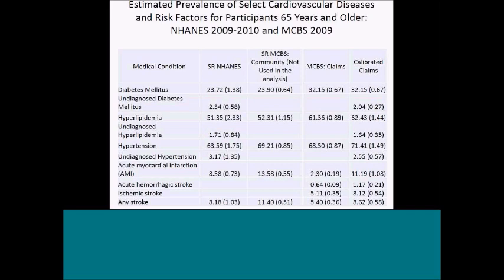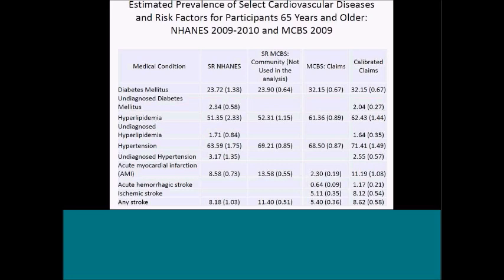One thing I wanted to bring out is the acute myocardial infarction. In the self-report, 8.58% in NHANES say that yes, I have had AMI or heart attack ever.